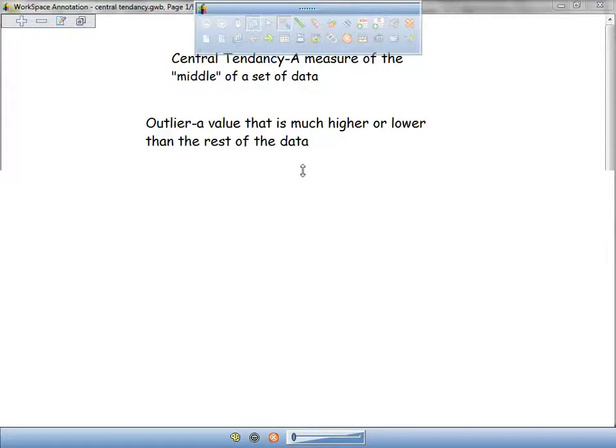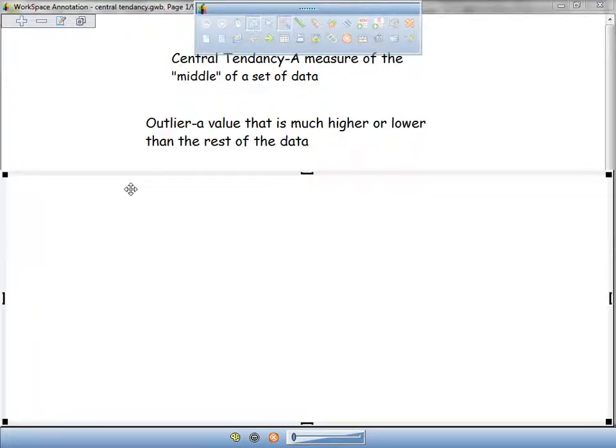Do you know about an outlier? Outliers are values that are way out of the average. If you're like Kobe Bryant in basketball, where everyone's averaging 10 or 15 or 20 points a game and he's averaging like 40 points a game, he's an outlier.